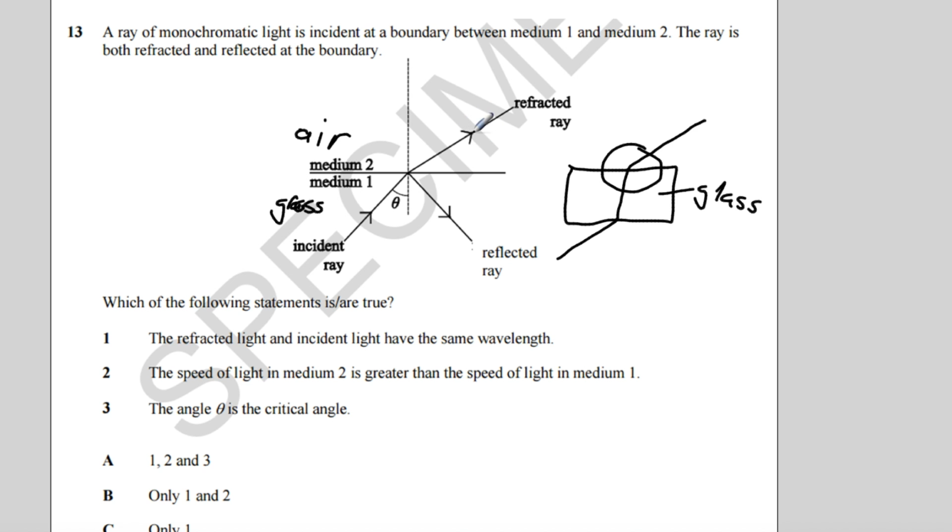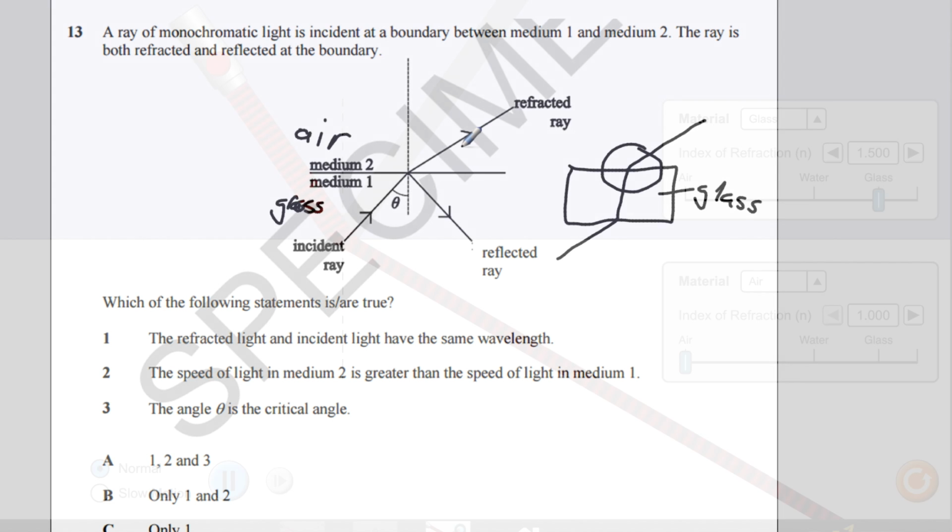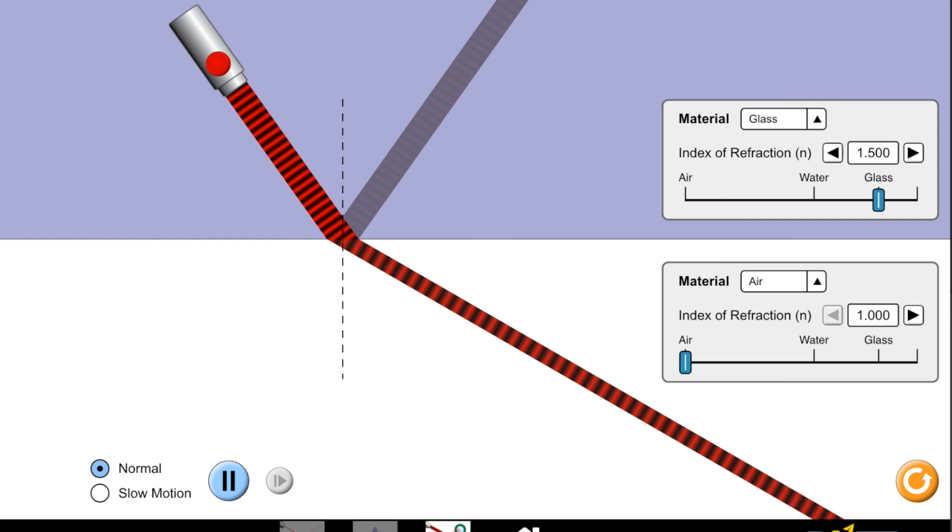So that's not obvious from the diagram, but if we have a quick look at this animation, then we can see that when the light ray goes from the glass to the air, the wavelength increases. So the wave speeds up, and the wavelength increases.